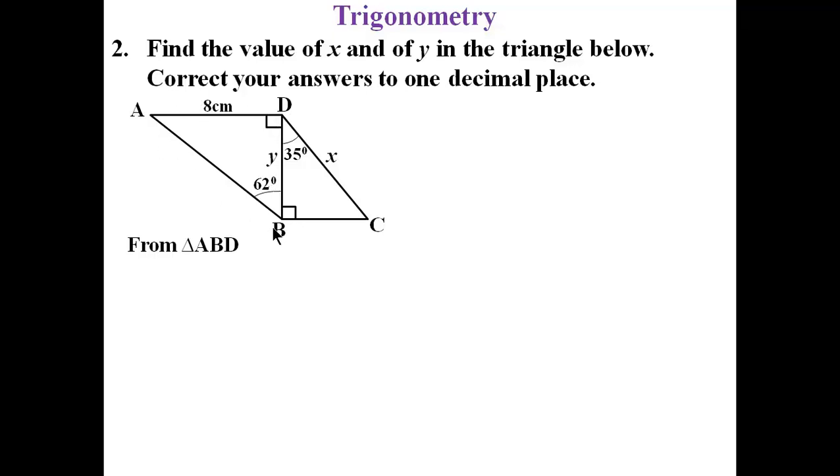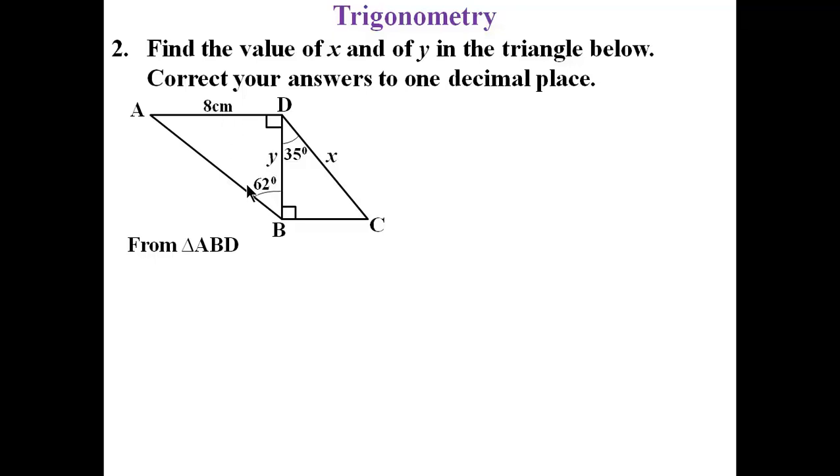Considering this, the given angle is 62 degrees and the opposite side here is 8 centimeters, that is AD. And the side we need to calculate is BD, which is represented by y. So we are now combining the opposite and the adjacent.